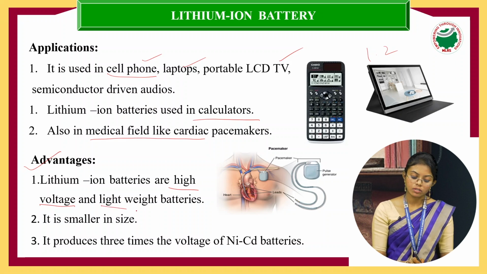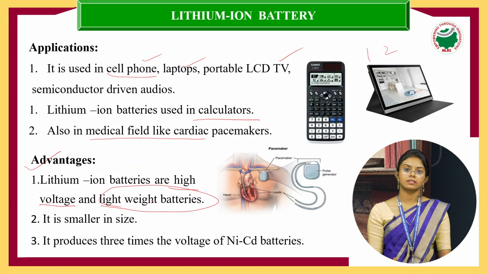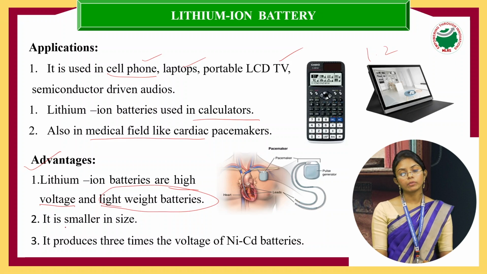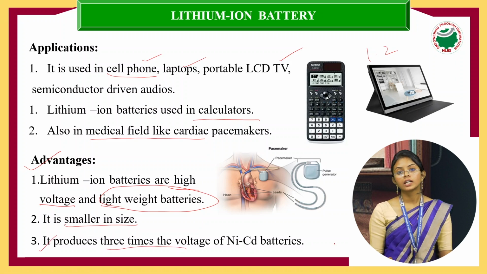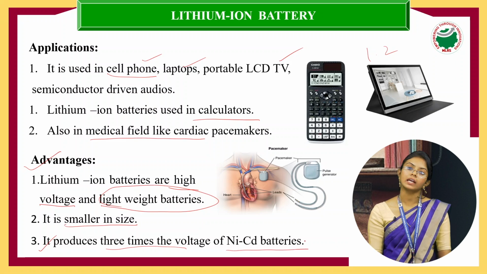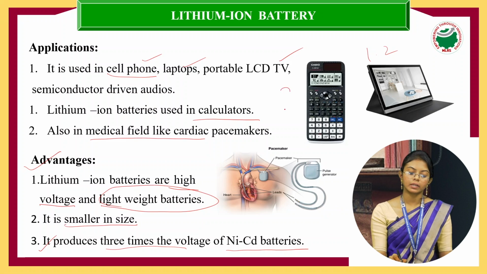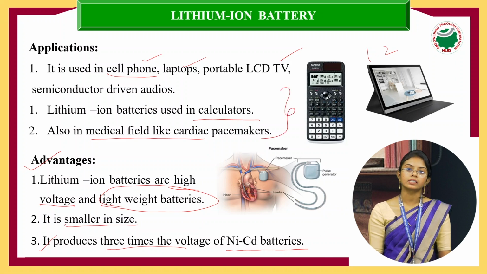And also it is a lightweight battery. One more advantage of the lithium ion battery is that it is smaller in size. And also the lithium ion battery produces 3 times the voltage of nickel cadmium batteries. Okay, these are the advantages, and these are the applications of lithium ion batteries.